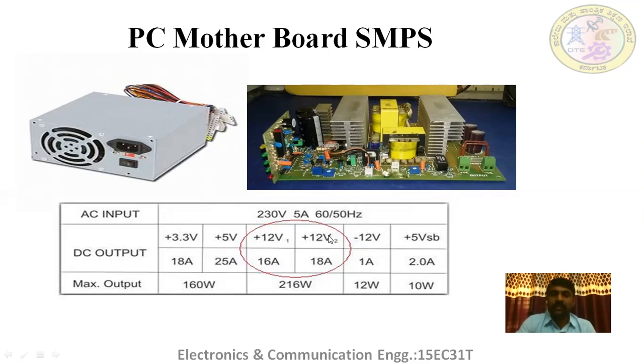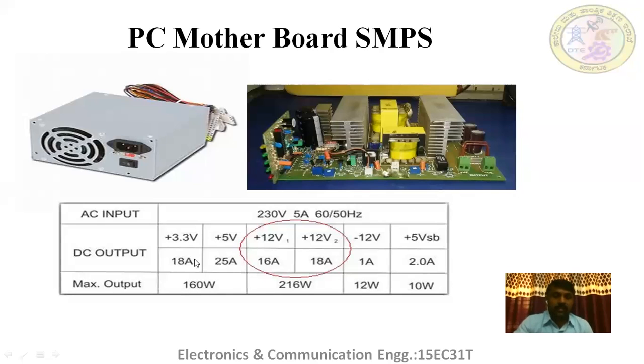So you can use this plus 12 volts for different devices or different sections to power the motherboard. And all these output voltages are available in combination in the form of an ATX port. ATX means Advanced Technology Extended. It's the name of the port given for SMPS used in a motherboard.